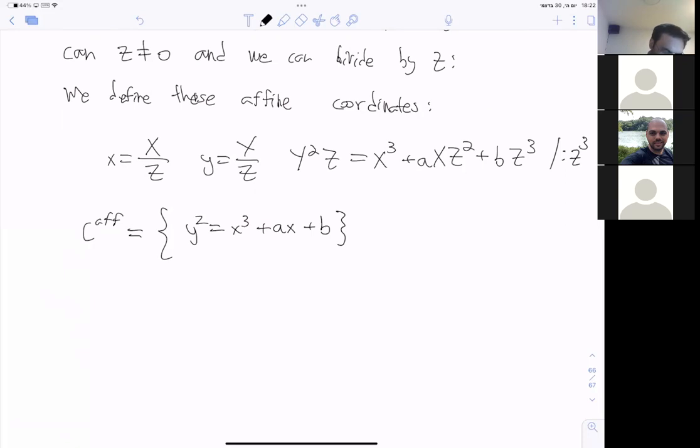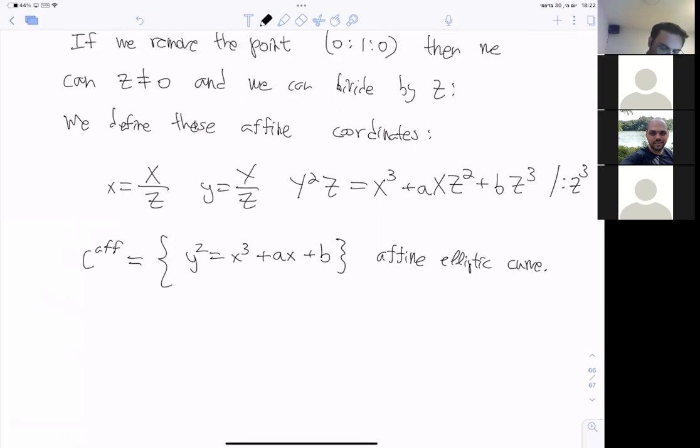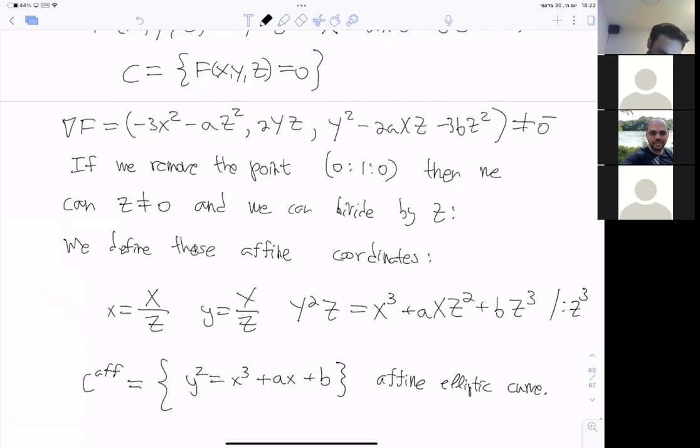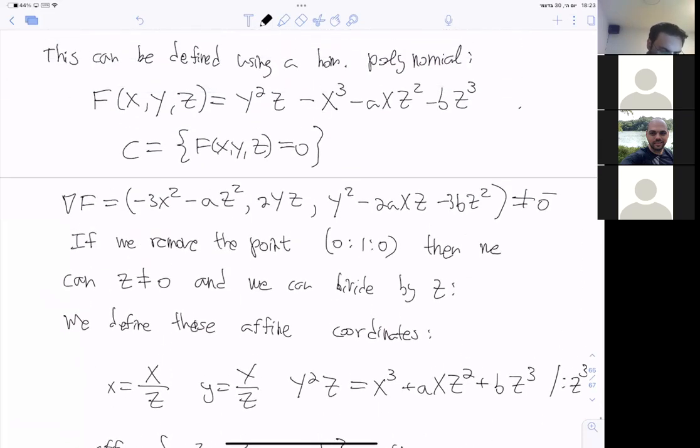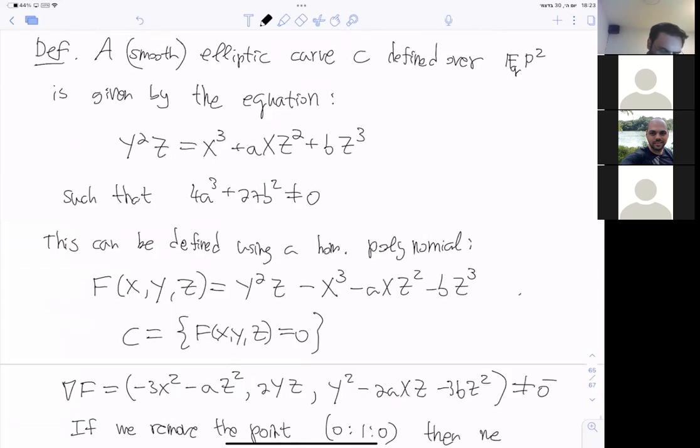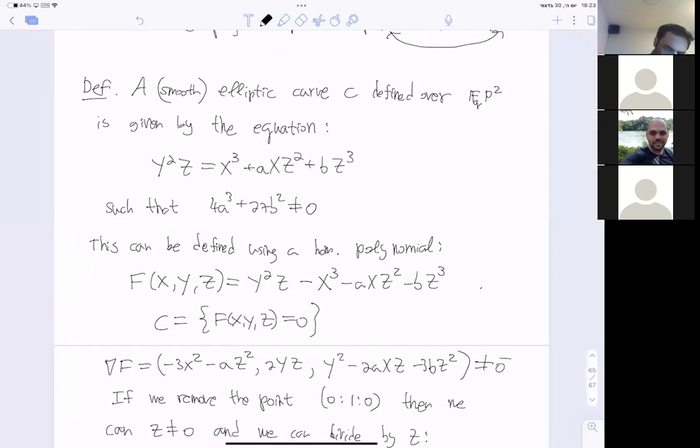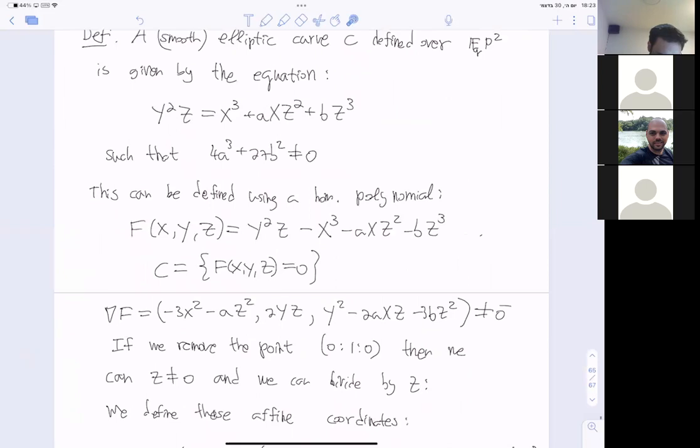So this is the affine elliptic curve. As you see, it's not a homogeneous space anymore. So where did we start? We started with a homogeneous polynomial here, and we had this condition.